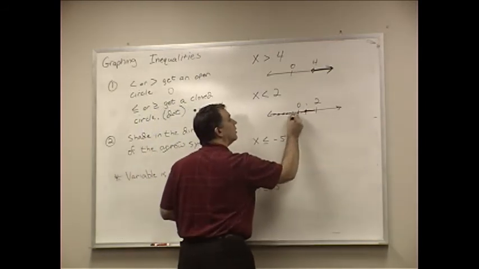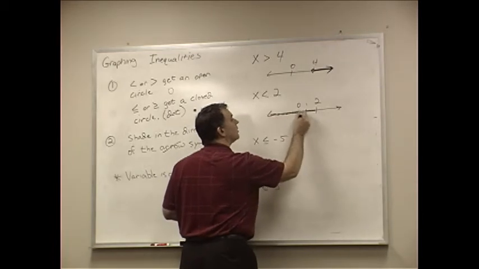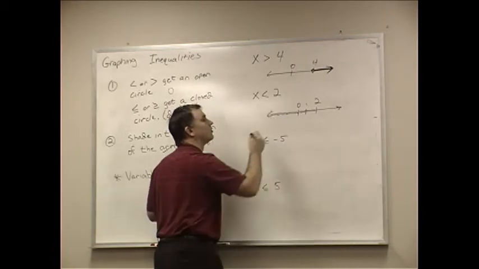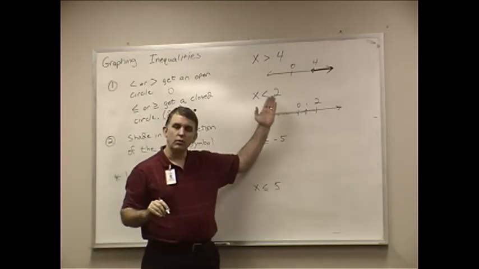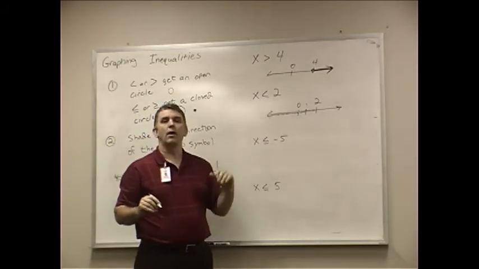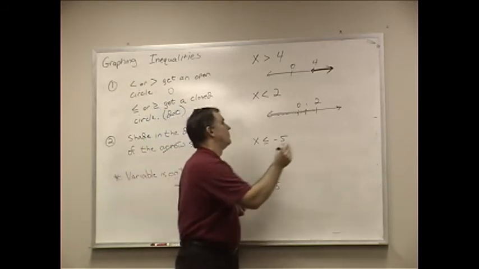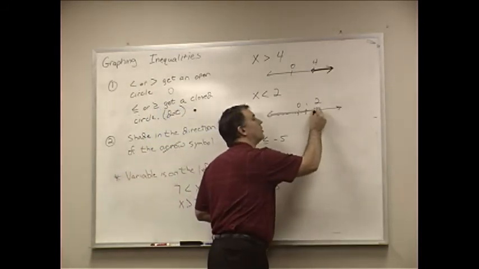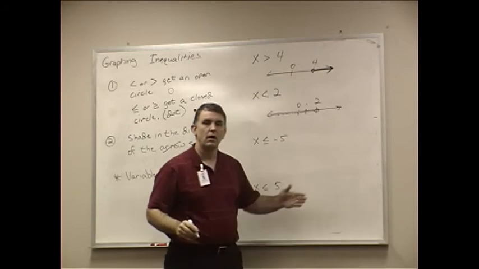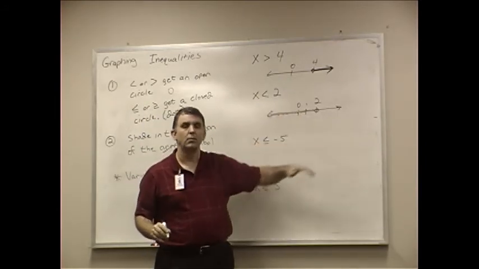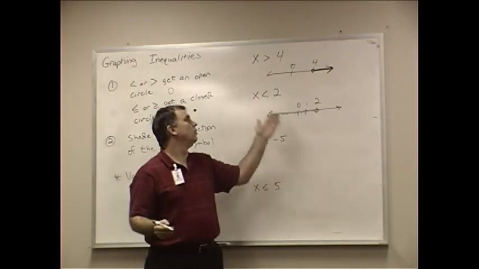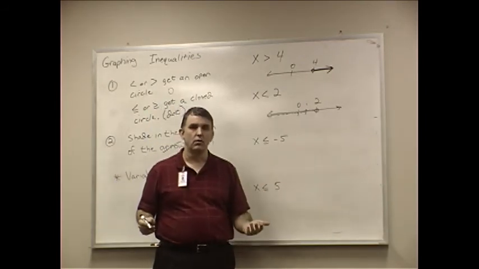Hence, why we shade it, because we know it's every number smaller than 2. What about the 2 itself? Is 2 itself smaller than 2? No. So we're going to put an open circle there. That open circle represents that it starts at 2, but it doesn't include 2. 2 is not smaller than 2.